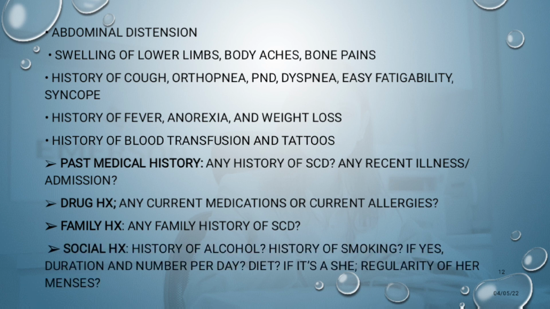Then any history of alcohol, history of smoking, and if yes, duration and number per day. Then if it's a she, regularity of her menses, like we've talked about already. Like I said, you can even ask it under gyne history, where you put a title saying gyne history, and that's where you ask the things we are talking about.